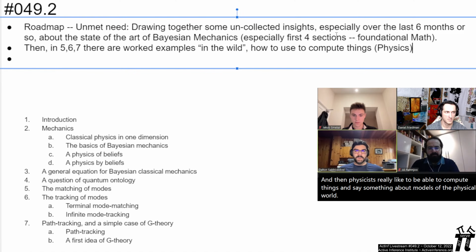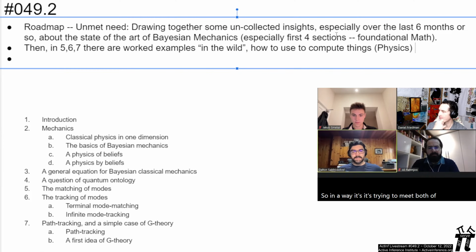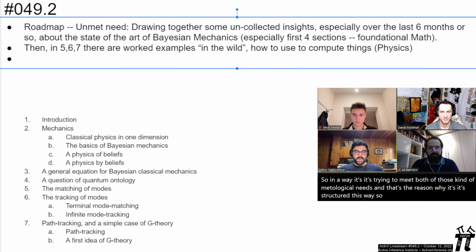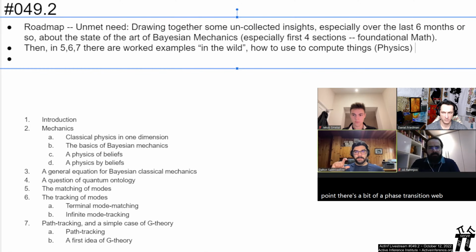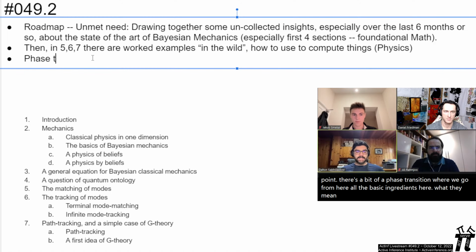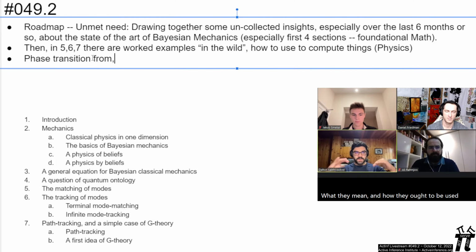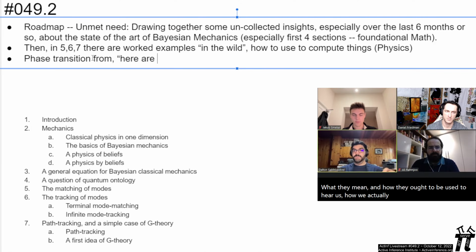So in a way, it's trying to meet both of those metalogical needs, and that's the reason why it's structured this way. As we go through, you'll see at some point there's a bit of a phase transition where we go from here are all the basic ingredients, here are what they mean, and how they ought to be used, to here is how we actually use them.